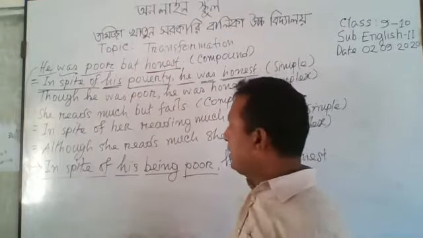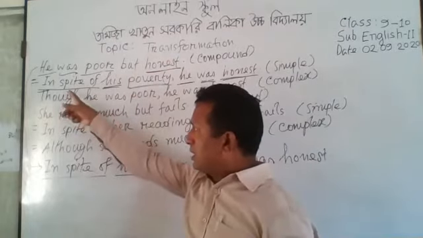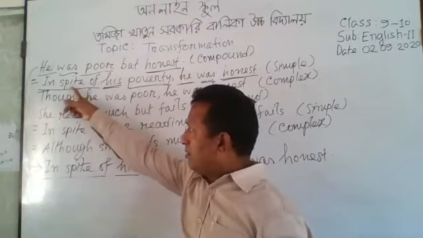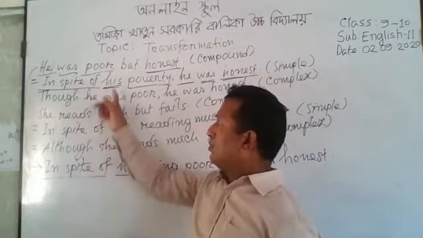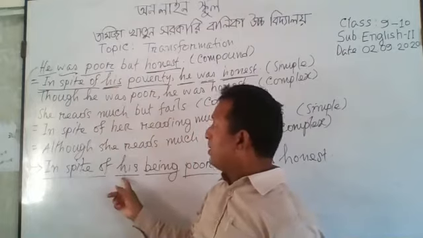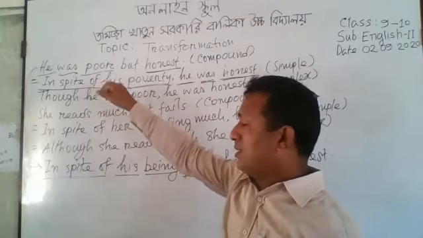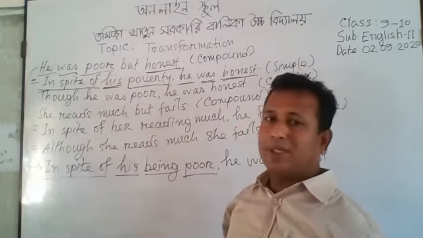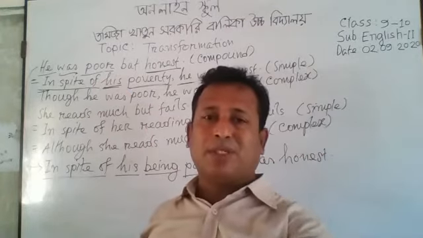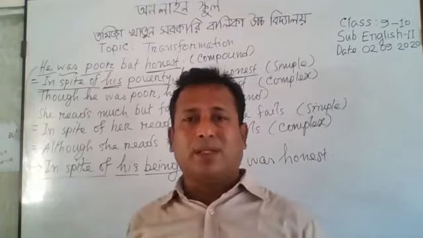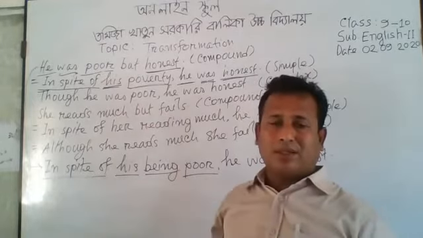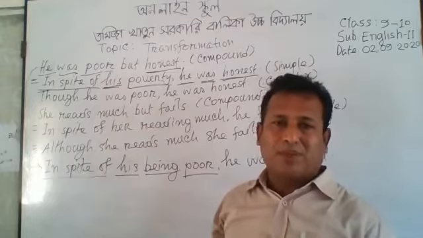Or as earlier, in spite of plus possessive, same, but I will use being if there is a be verb, having if there is a have verb, and verb plus ing if there is a principal verb.